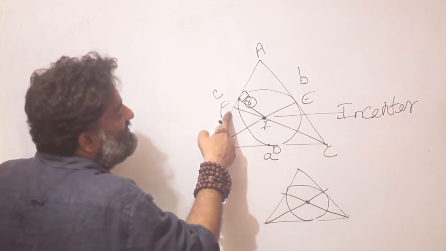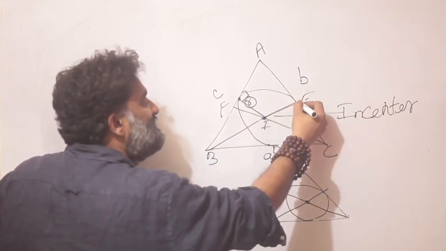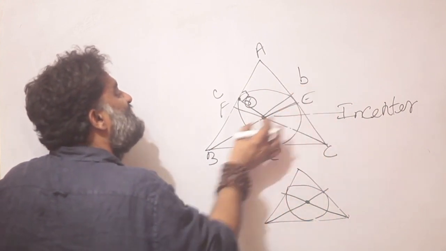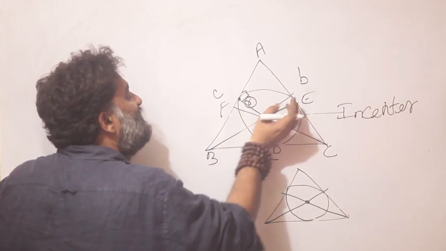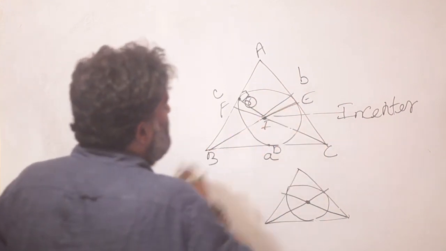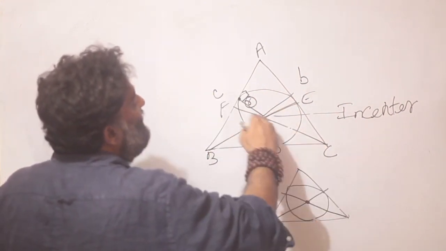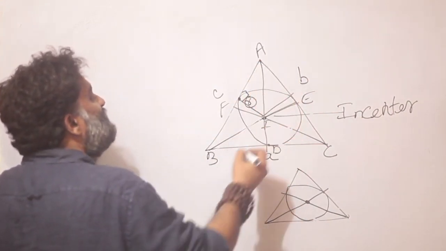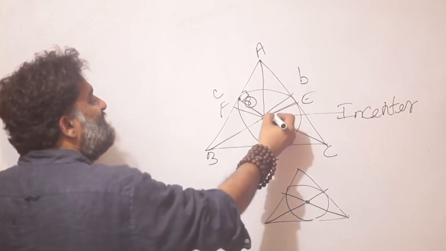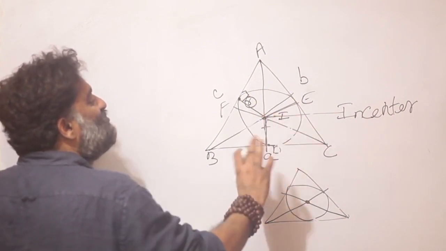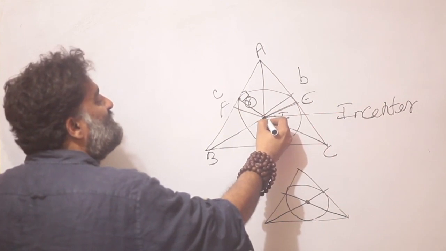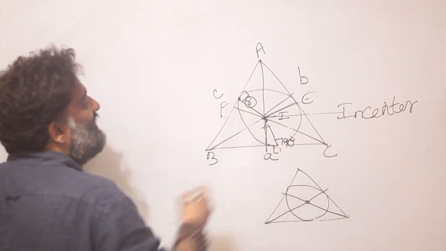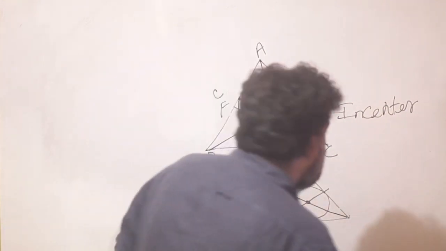It might look so in this case, that this is the same as the radius, but I can create another figure where you will see that the radius and the angle bisector line are separate from each other, maybe in the next example. So where angle bisectors meet is known as the incentre, and the third one will also pass through the same point. Once again, if this point is I, ID is not the radius; the radius is going to be from this point to the side, creating a 90-degree angle. So we'll look at this in a little more detail.